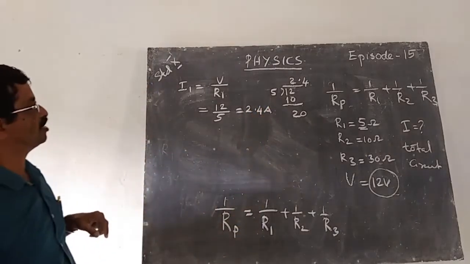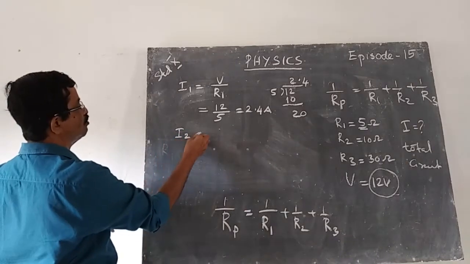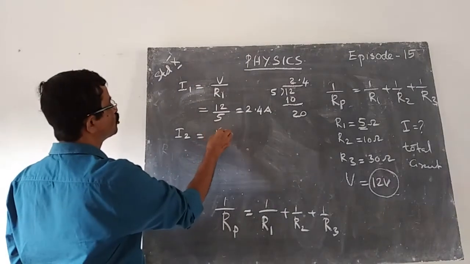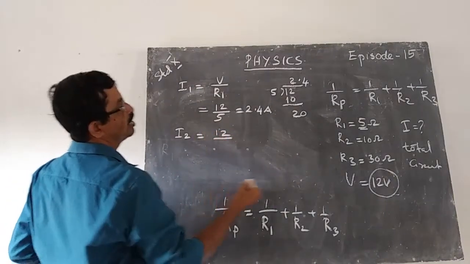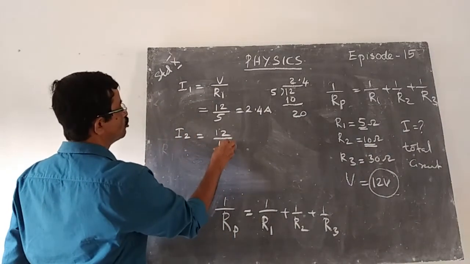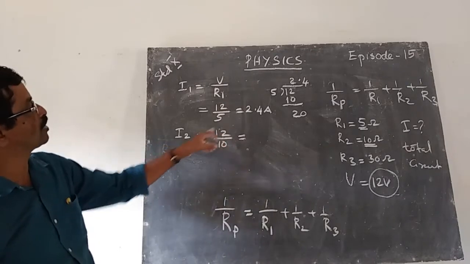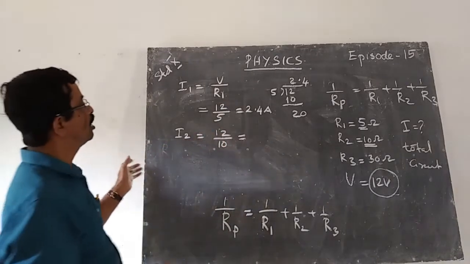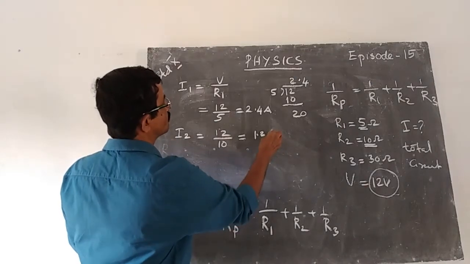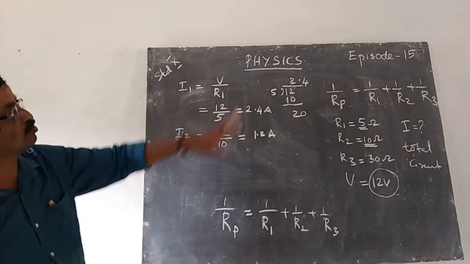Then we can find the current I2 similarly. I2 is equal to the same potential difference 12 divided by R2, that is 10. To divide by 10, we only shift the decimal place from right to left, that is equal to 1.2 ampere. This is the current through the second resistor R2.